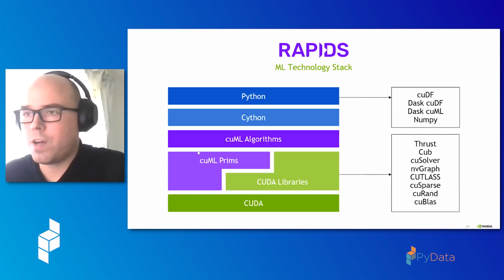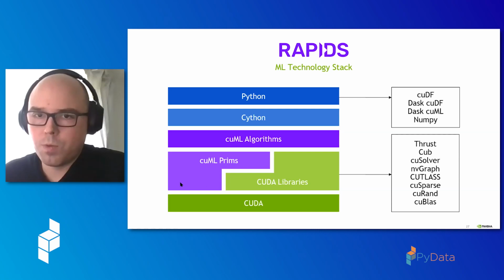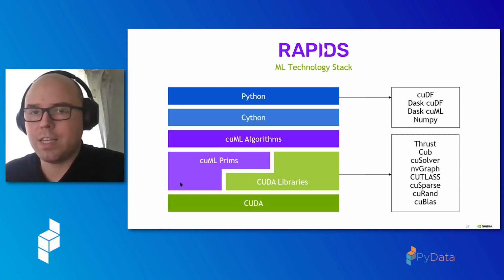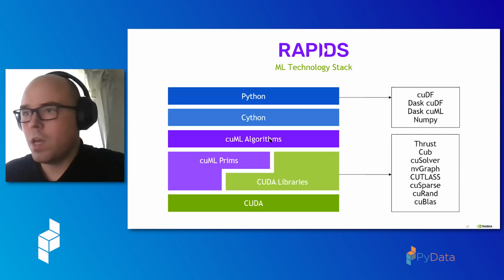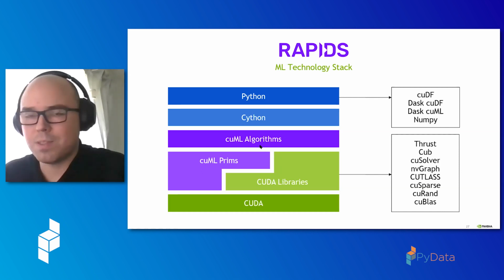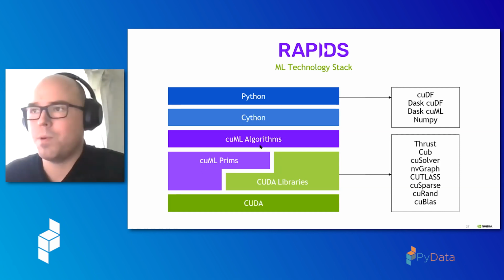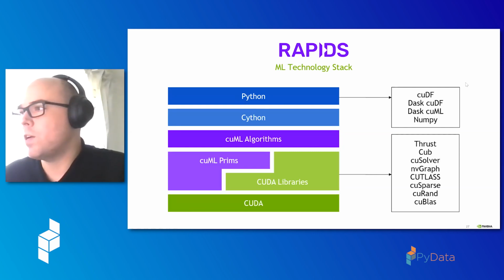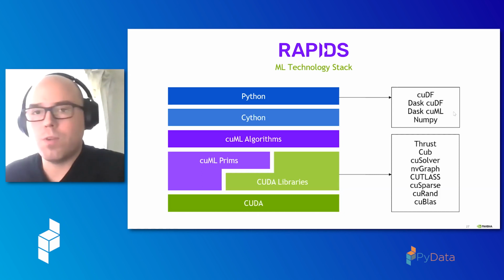So hopefully you'll find those primitives quite useful if you want to build some more complex functionality that goes beyond the existing machine learning algorithms. On top of that, we've created a C++ based library called QML algorithms that captures all of the algorithms that we are supporting. And that is exposed via Cython to you as a QDF, QML interface, and Dask QML interface for distributed execution.